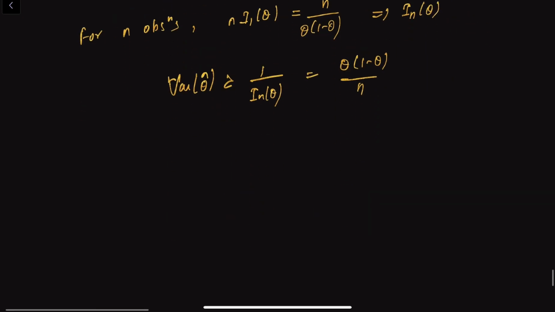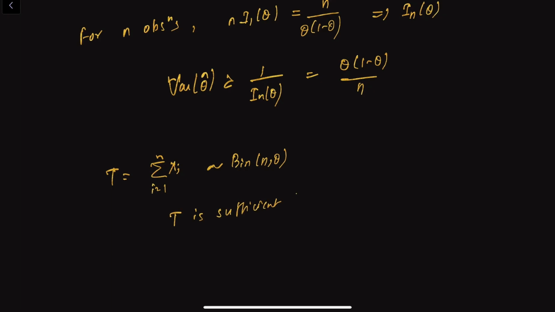Now if we consider the statistic T, the sum of Xi, this follows binomial(n, theta). By the factorization theorem, T is sufficient for theta. The binomial family is from the exponential family, so we can also say T is complete.